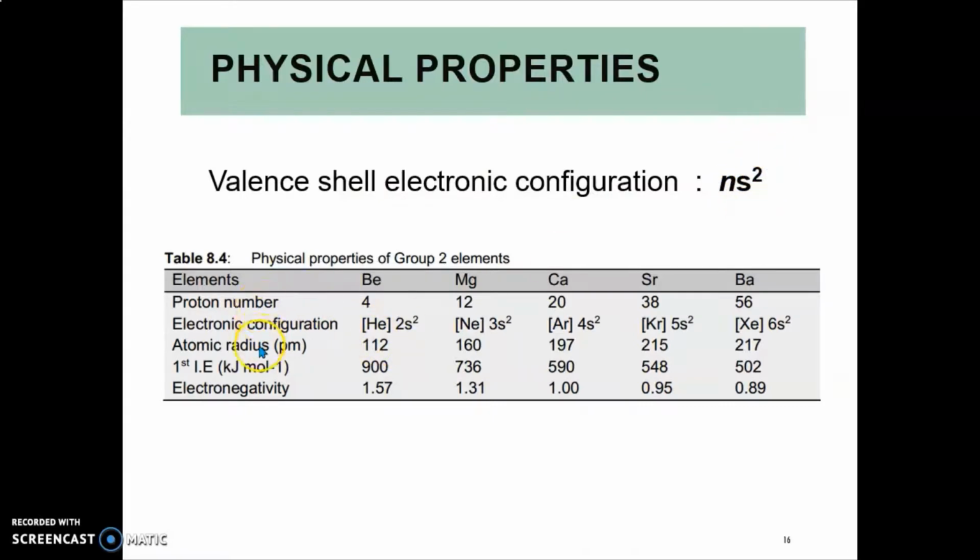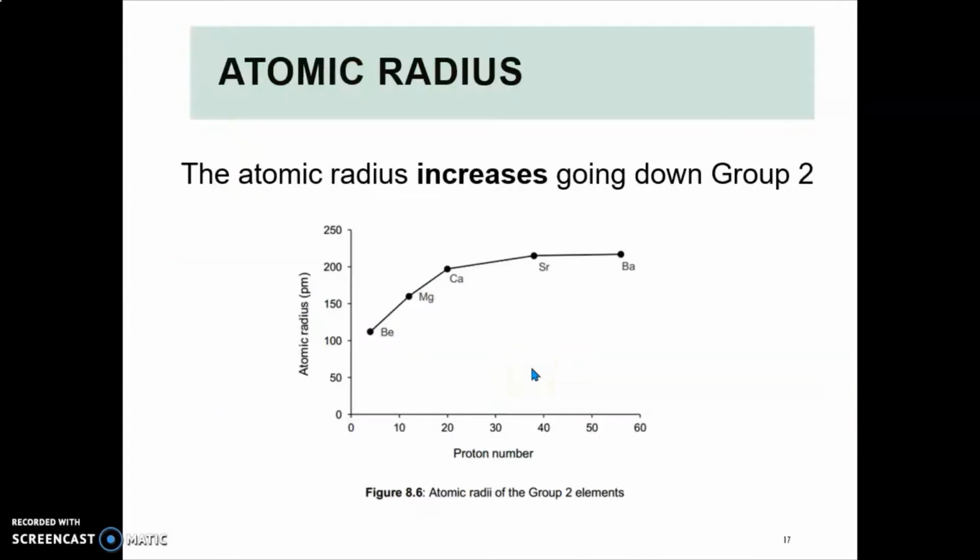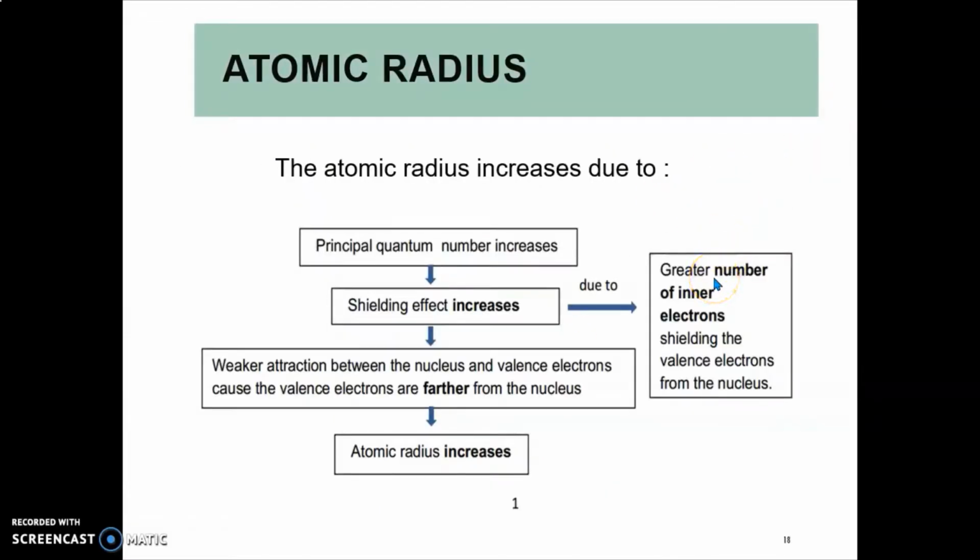The proton number and atomic radius increase when going down group 2, and the reason for the increase of atomic radius is the same as group 1.